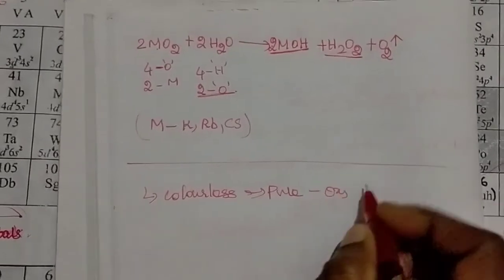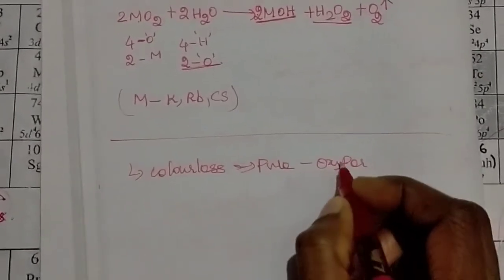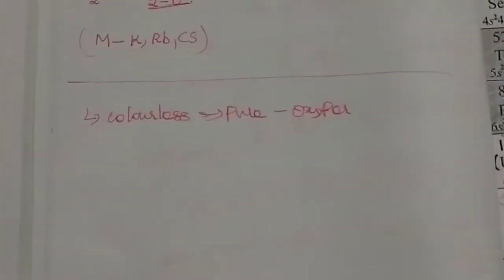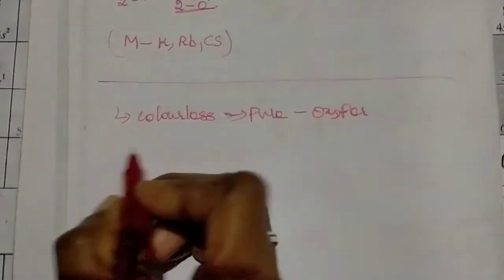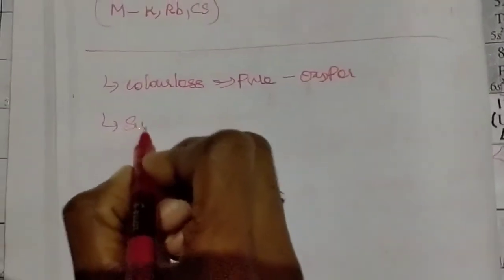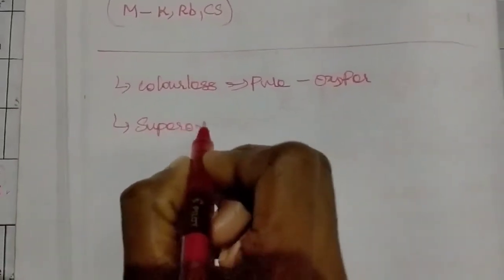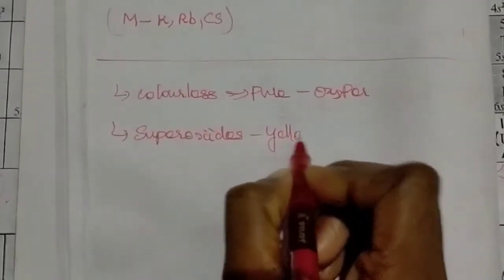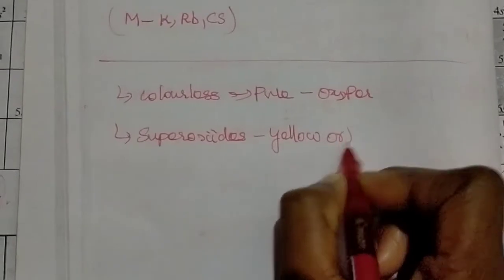Oxides and peroxides are colorless compounds in the pure state. The superoxides are yellow or orange in color.